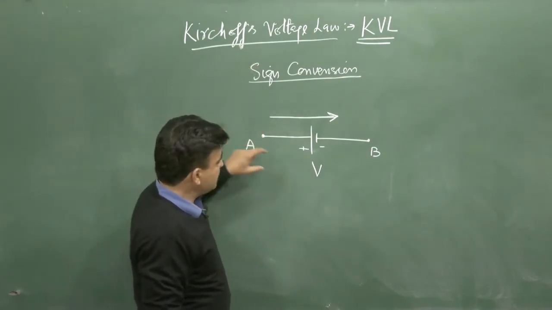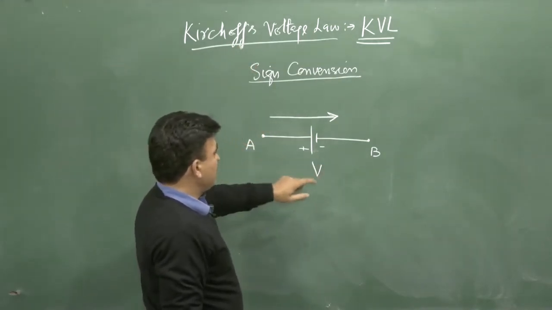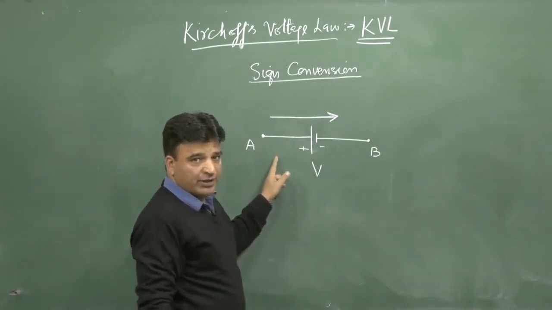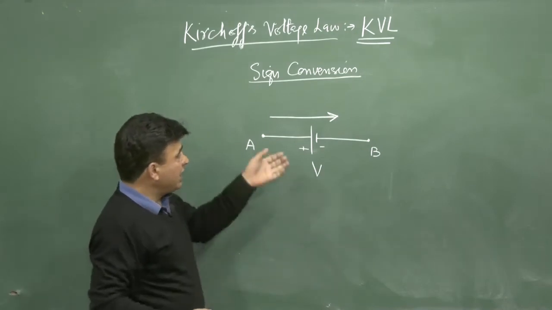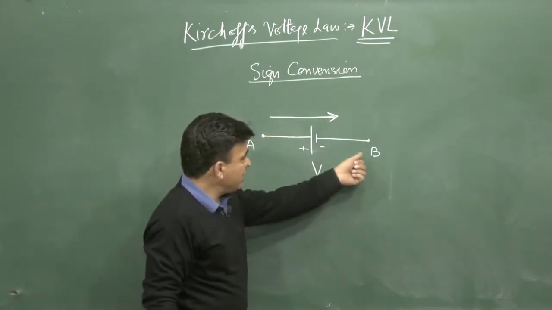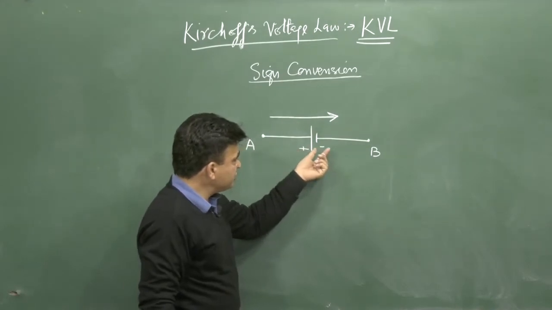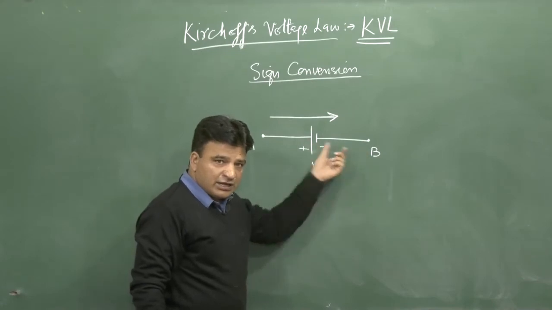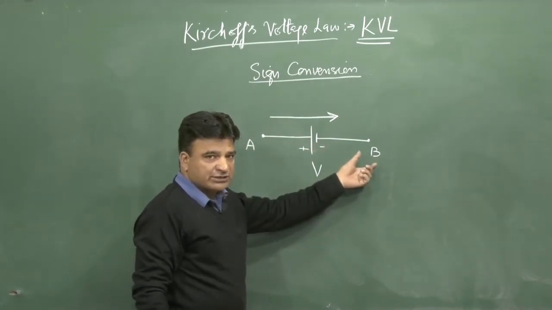The first one is, let us take a battery of V volts between the points A and B, and if we will move from A to B, as the battery terminal here is positive, here is negative, we are moving towards the decreasing potential.